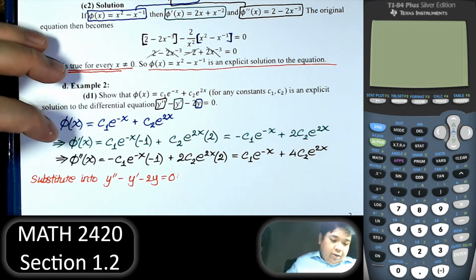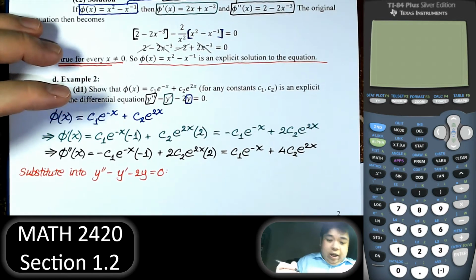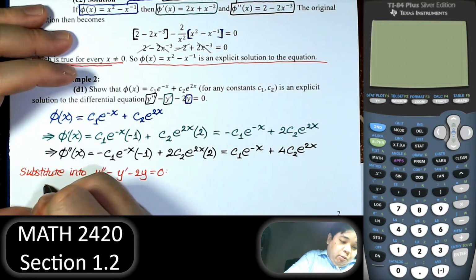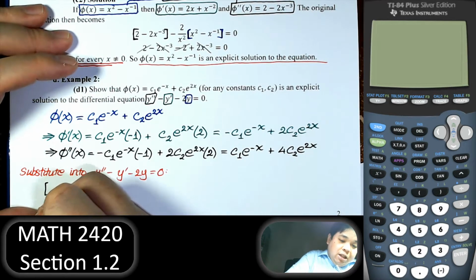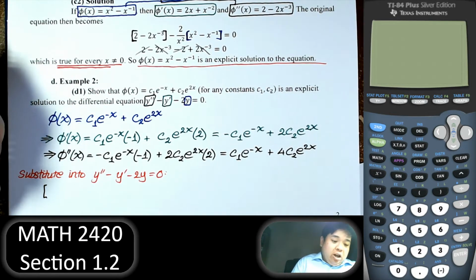Right, so we will have the second derivative. By the way, later on we might have some problem that is extremely tedious, so being a little more organized will certainly help.